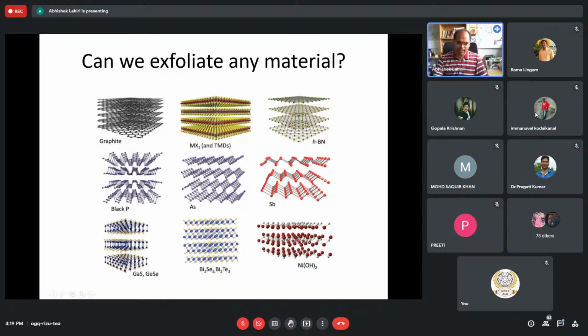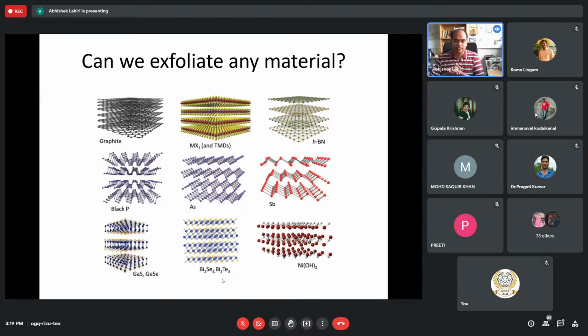There are other materials which are stacked together, such as black phosphorus, arsenic, antimony, bismuth nitride, nickel hydroxide, bismuth selenide or bismuth telluride, as well as gallium sulfide or germanium selenide. These are some of the materials which have a stacked structure.